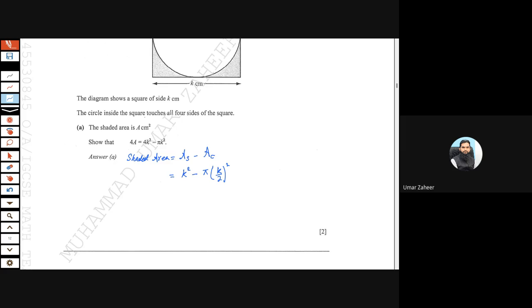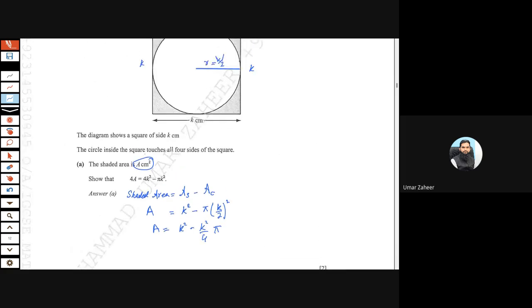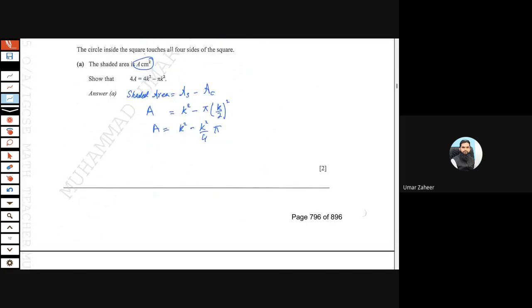Yes, any question up to here? No, sir. And it is given that the shaded area is A. So I have to write the value A. Obviously, okay, now take the square minus k square divided by 4 pi. I just want to remove 4 from the denominator.